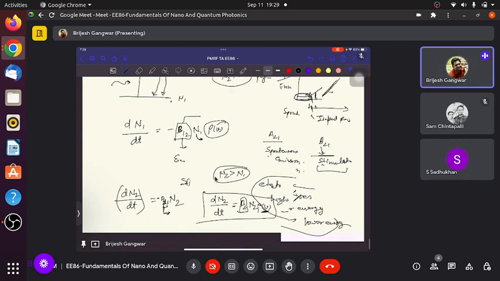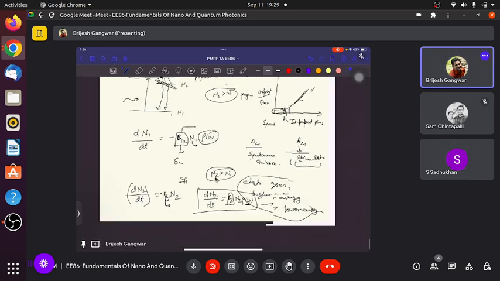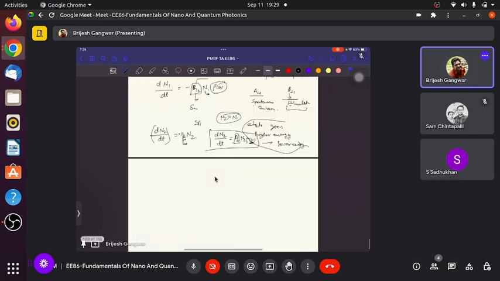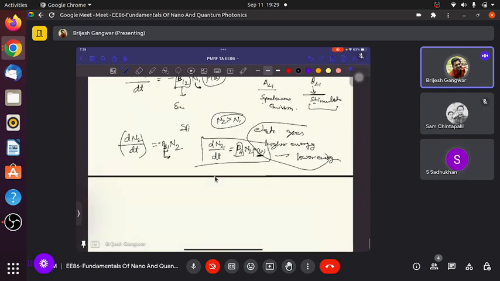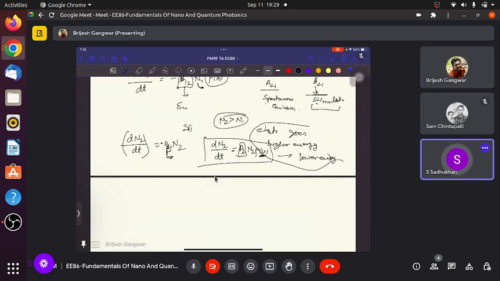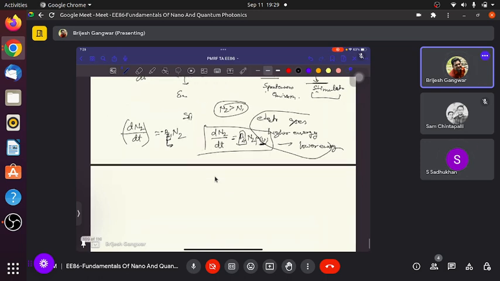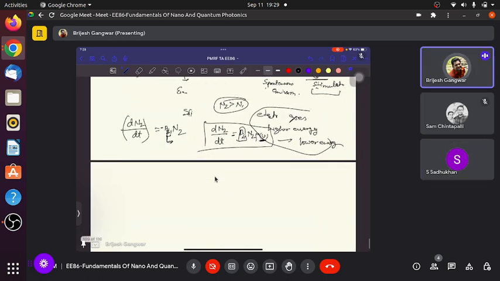Then, using the relation between these coefficients, Einstein explained different phenomena like black body radiation and the laser. They are also called the laser equations.